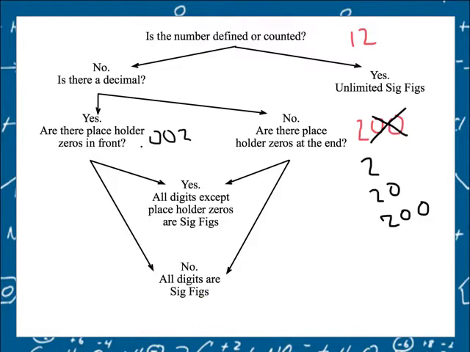So what you need to notice here is we're counting everything except zeros some of the time when they're placeholders. And where we're looking for the placeholders is different depending on whether we have a decimal. If there's not a decimal, you'll be looking for placeholders at the end of the number. If there is a decimal, you will be looking for placeholders at the beginning of the number. Everything else is going to be significant except situations like this. So let's get to some examples to make this a little more clear.